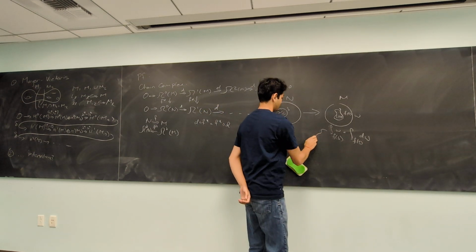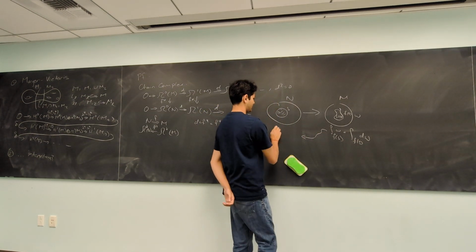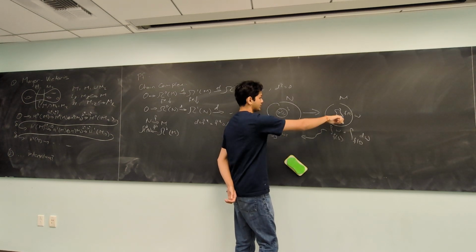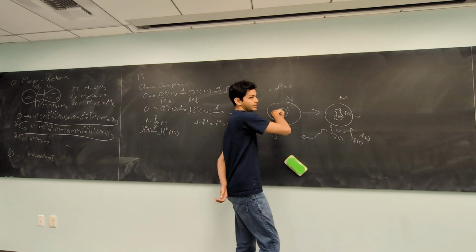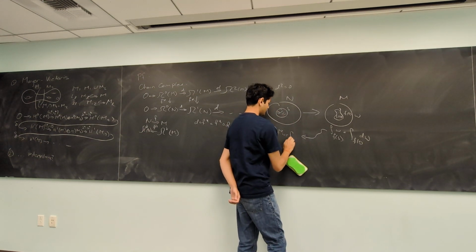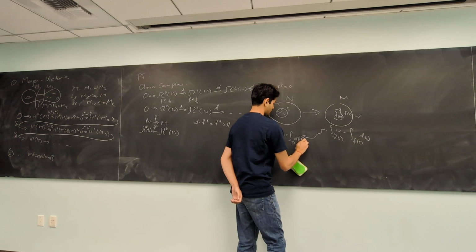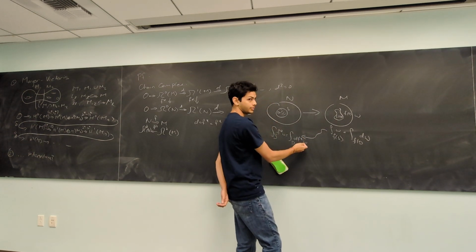But this is the same as a statement that the integral over S of f star omega, which is saying pull back the differential form and then integrate over here, is equal to the integral over D of d f star omega. So this is from Stokes' theorem.